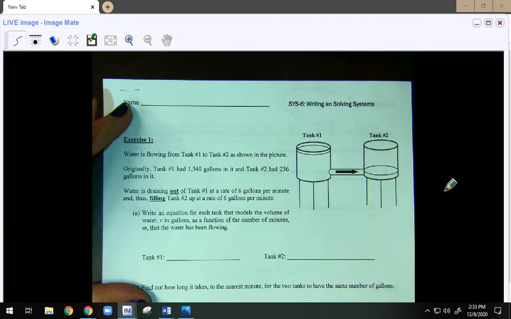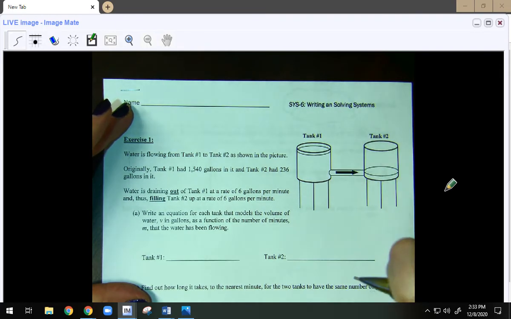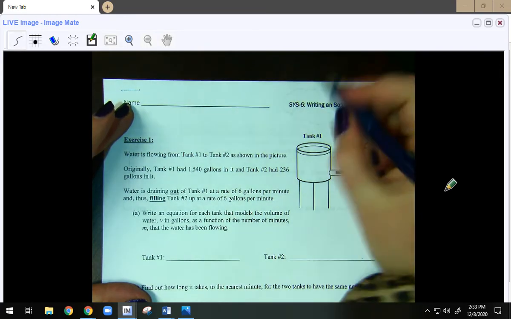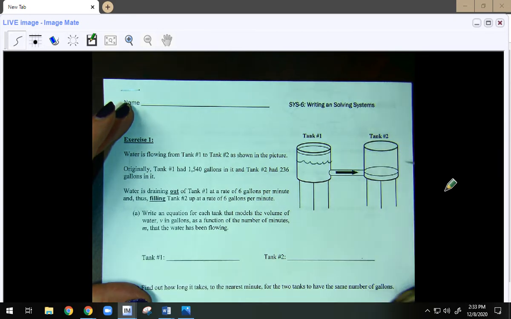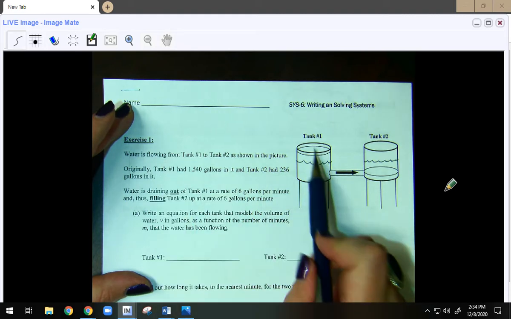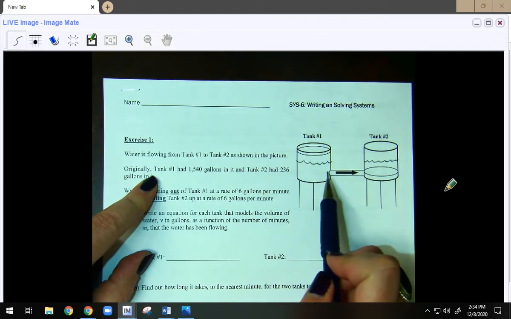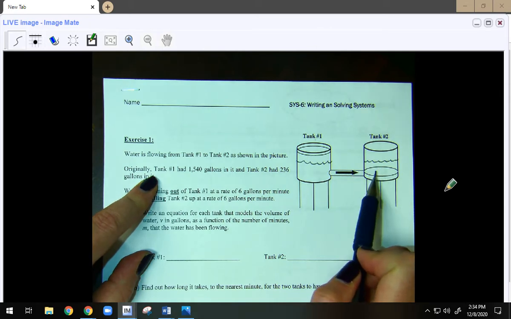And what we have here are 2 tanks and they're holding water. Water is flowing from tank 1 through this little pipe into tank 2.